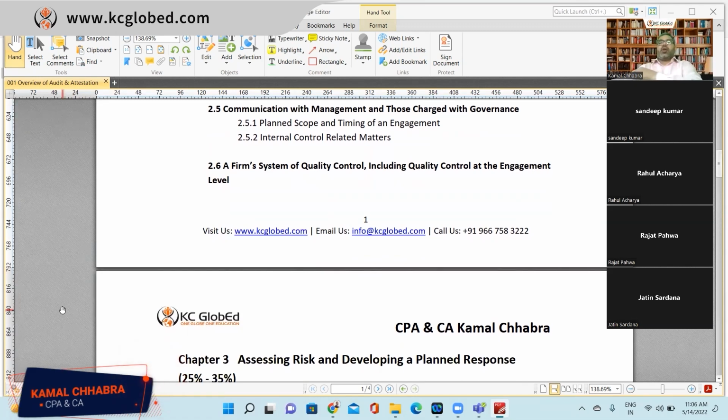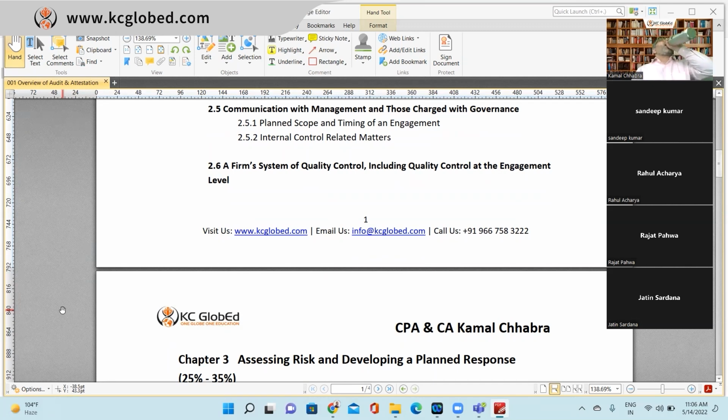2.6, which is the last topic in the second chapter, is firm system of quality control, including quality control at the engagement level. So in this topic, there are two things we need to keep in mind. One is, at a firm level, what are the quality controls that the firm is following, right?